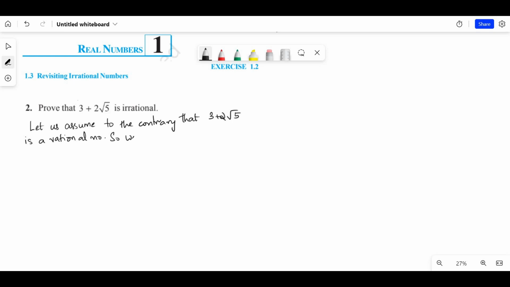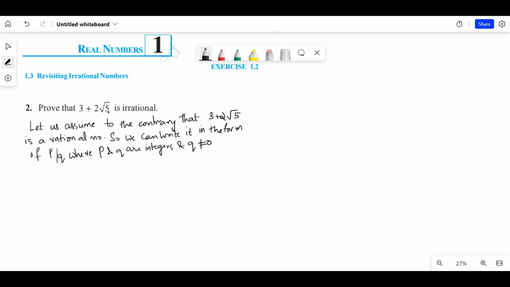So we can write it in the form of P by Q, where P and Q are integers and Q is not equal to 0.